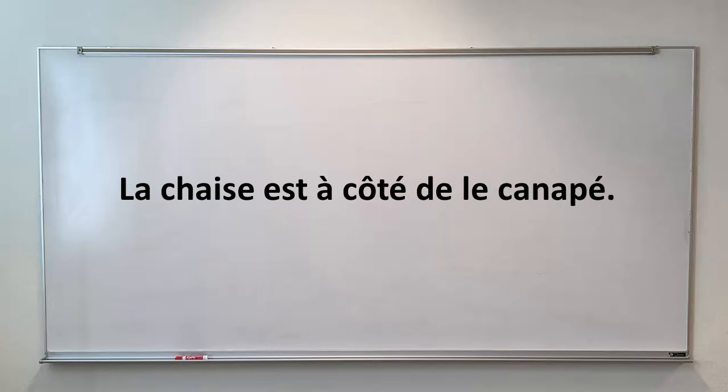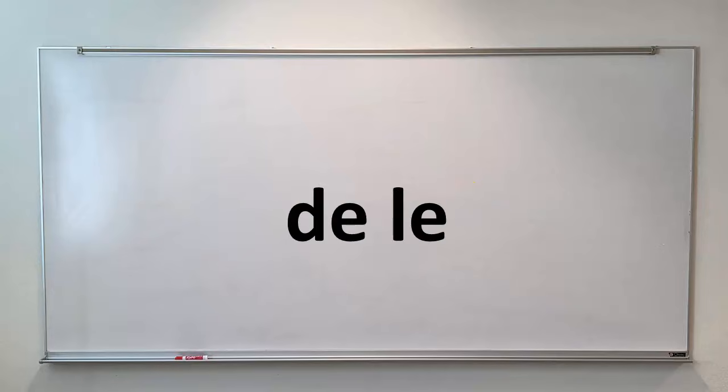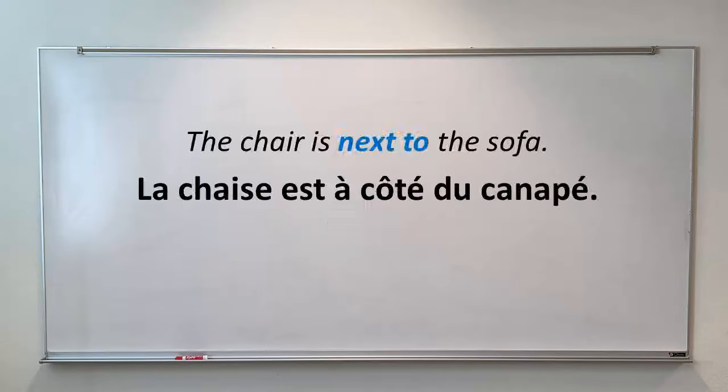So you won't say de le canapé, you would say du canapé. So when the noun is masculine, the de and the le contract to du. So here it is, just to burn it into your memory. De le, du. Obligatory contraction, du.